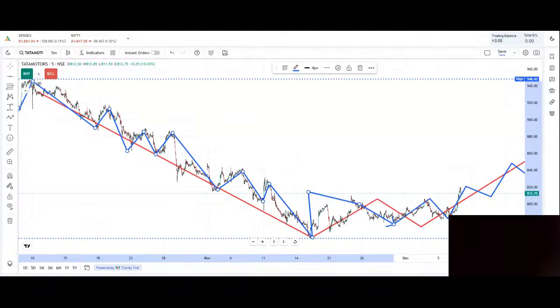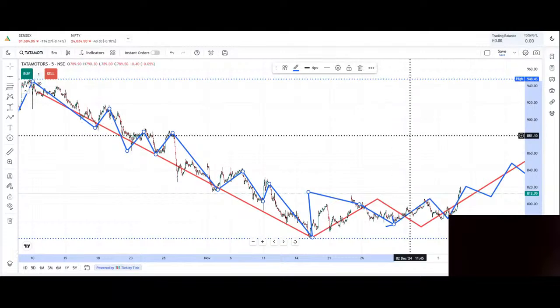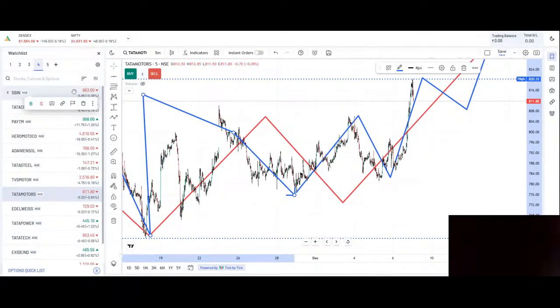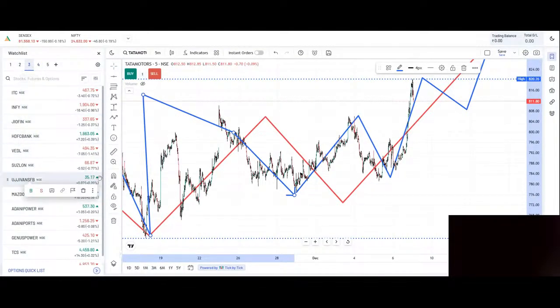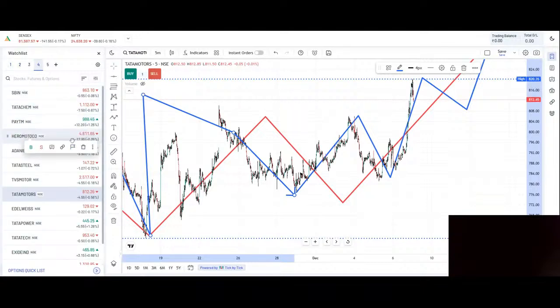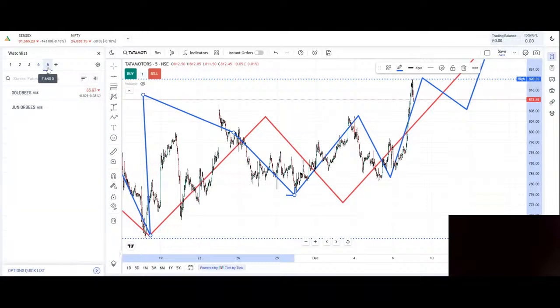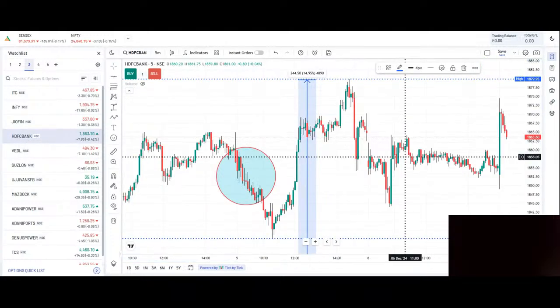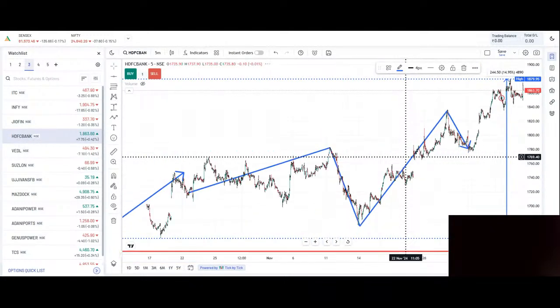So let's see whether it is able to breach 462 today or not. And this was the second one, HDFC.